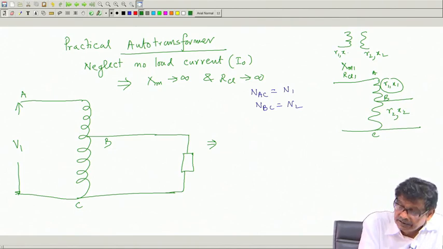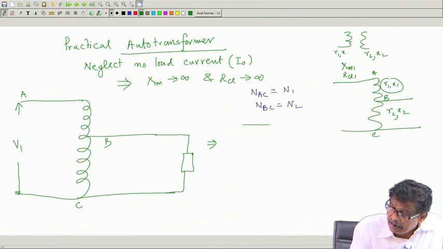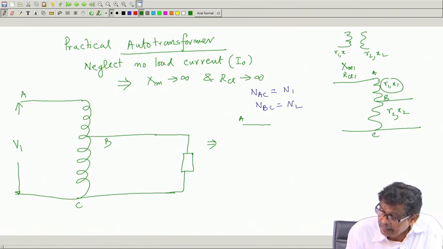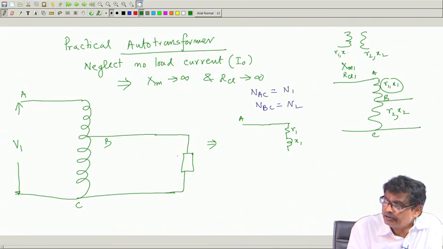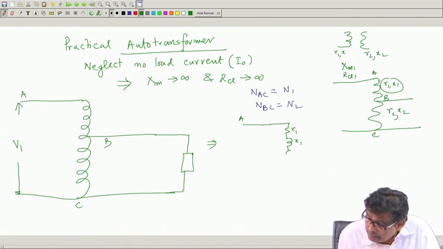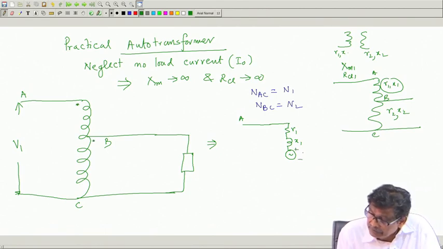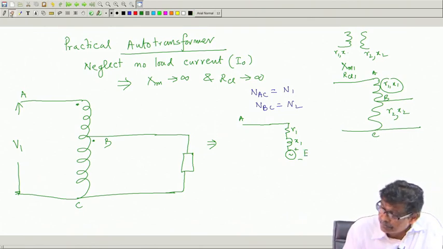So, I start from point A, V 1 is the supply voltage, then just like the two winding transformer there will be R 1 X 1, it will only cause extra voltage drop, and then will come your E 1, and these two are dots. I am not sure whether it will be E 1, I will write what it will become.